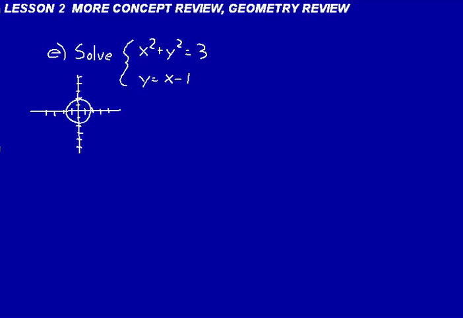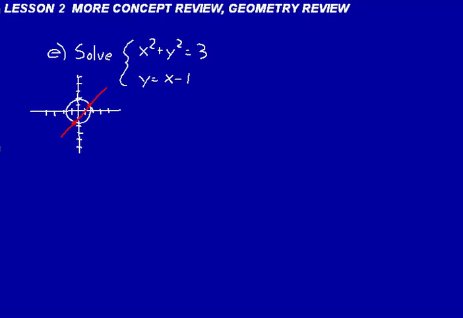And then we have that line, y equals x minus 1. What we can do there is just think about a y-intercept of negative 1. We'd start there, up 1, to the right 1. It's probably going to go somewhat like this. So we see 2 points here where the circle and the line intersect each other.